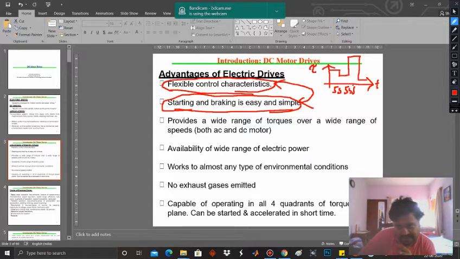So for simplicity of our analysis, let us say that all these changes are occurring for 5 seconds. So basically you are getting a total operation time of 20 seconds, and let us again assume that this pattern of torque is getting repeated over time.